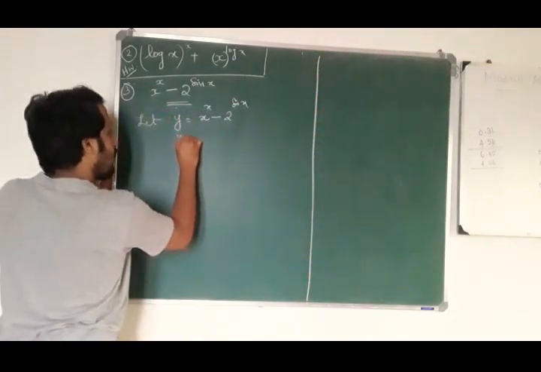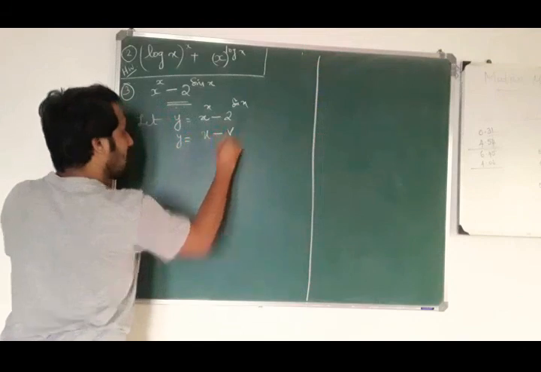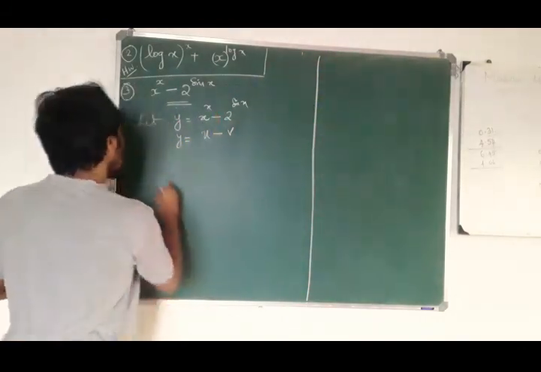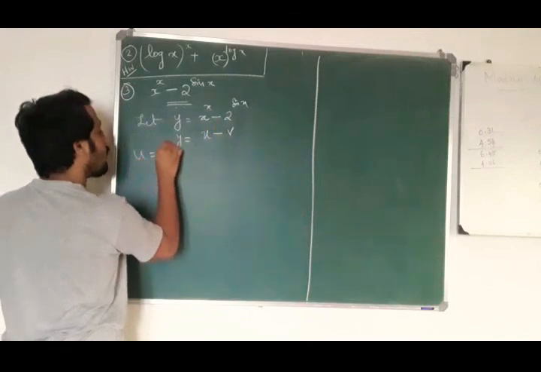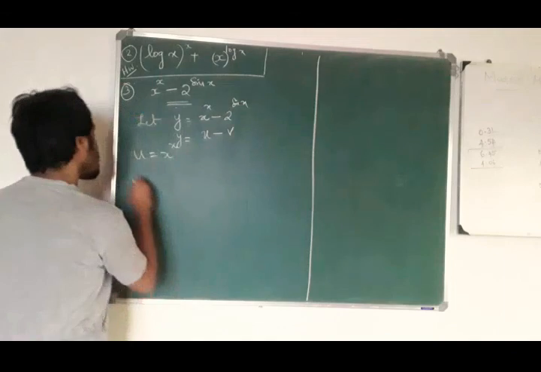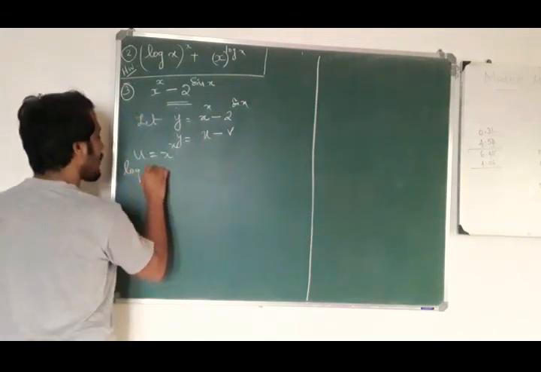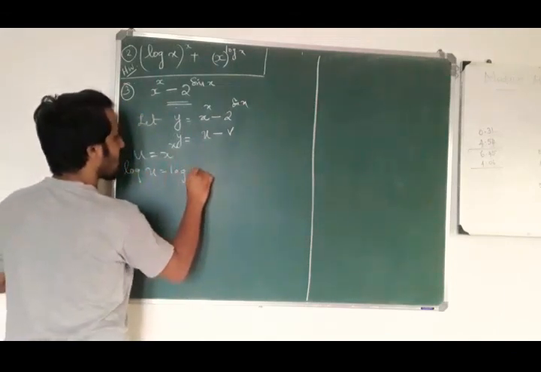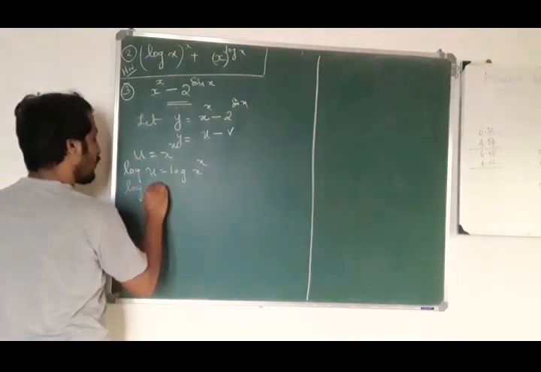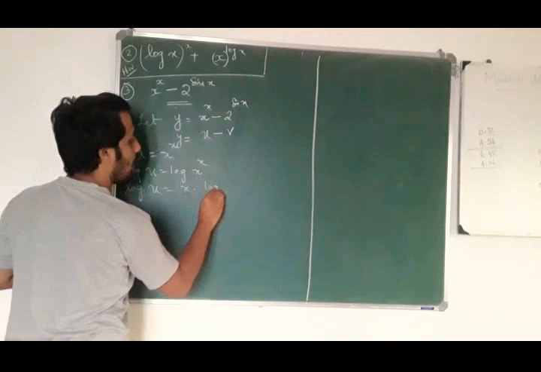First here again you have to write y is equal to u minus v. Here u minus v, minus is there, that's why minus. So u is equal to x to the power x, taking log on both sides. So log u is equal to log of x to the power x. So that is log u is equal to x into log x.